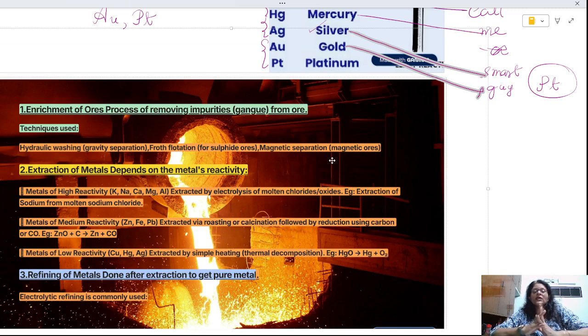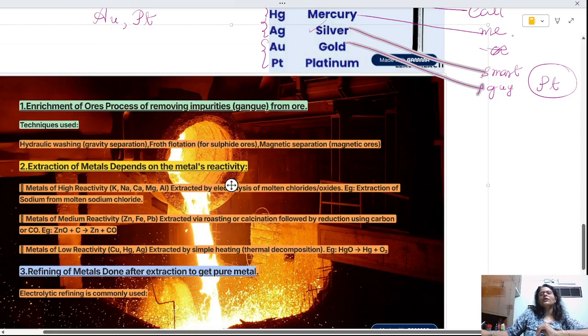All these things were considered, and suitable physical methods were used to separate each mixture of ores that we found in Earth's crust. Okay, so the methods used here, sometimes we used hydraulic washing.